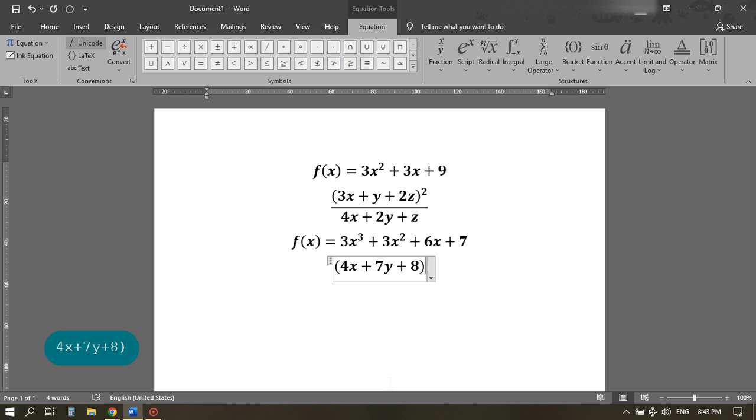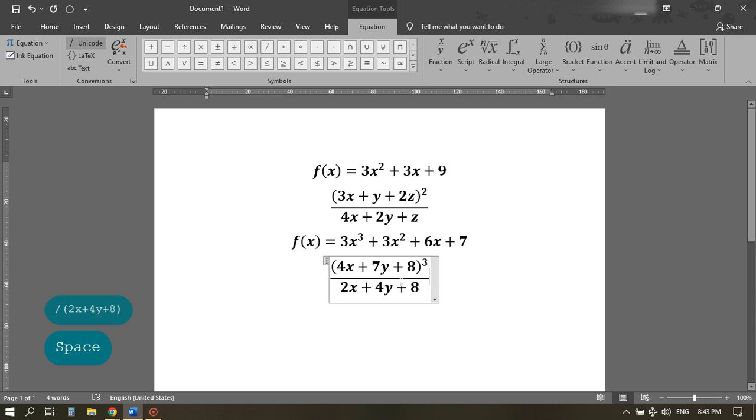And we're going to close the bracket and put the power sign, for example, power of 3 over 2x plus 4y plus 8, for example. And you only have to press space and the equation is transformed in the professional way, like you see it here.